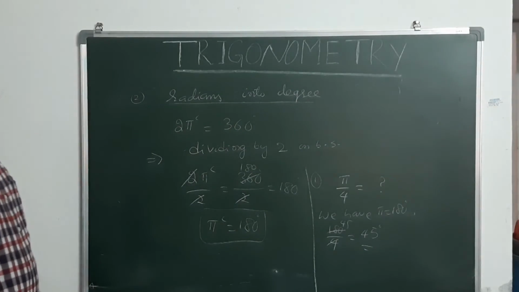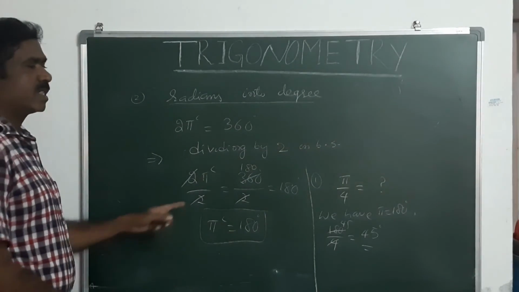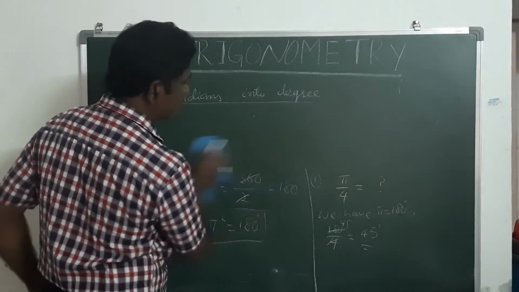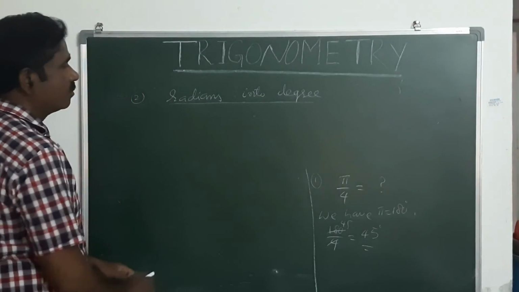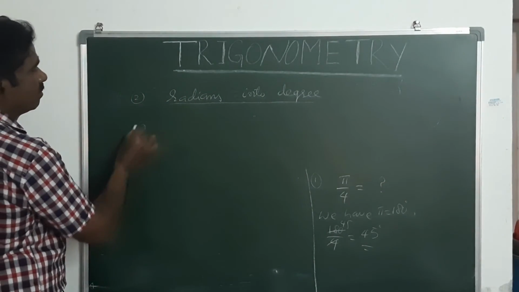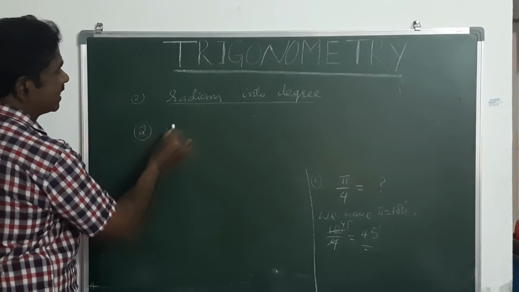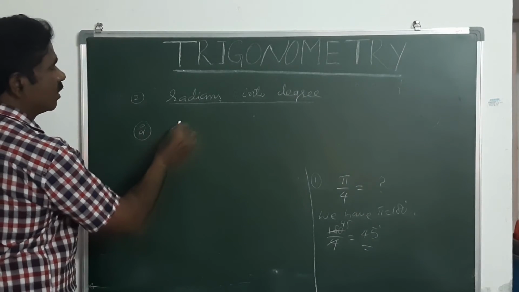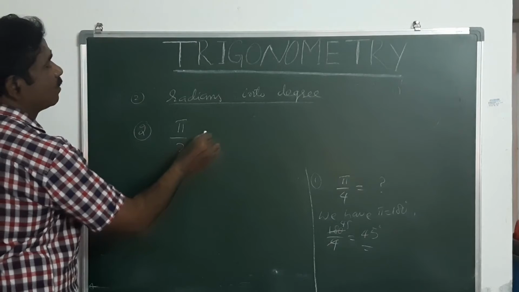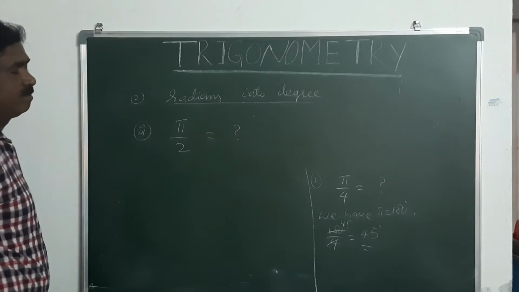We will give one more example. Take the second one, 90 degrees. The problem will be given like this: pi by 2 equals how many degrees?